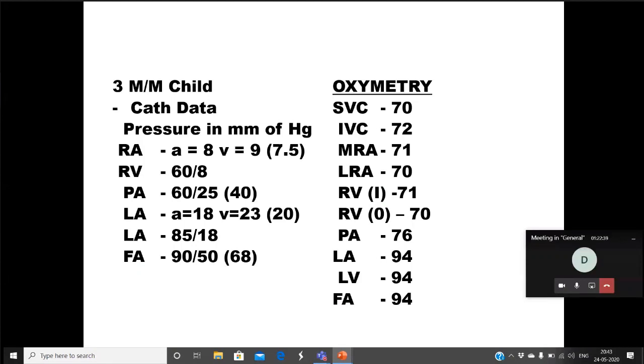Is there an oxygen step up anywhere? At the pulmonary artery level there is, yes, greater than 5, sir. Okay, so there is a step up at the pulmonary artery level, and also there is a desaturation in the LA, LV, femoral artery. So how are you going to explain?